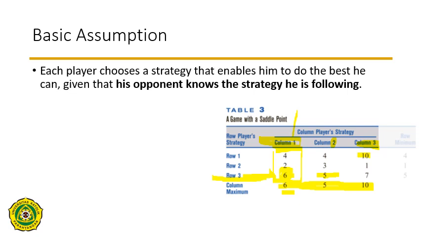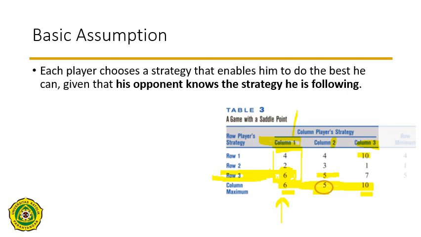And remember, these are the rewards for the row player. So the best that the column player can do is finding the strategy that minimizes the reward for the row player, which is the second strategy, right? Because let's say if the column player picks the first strategy, the row player may play the third strategy such that the row player receives $6.